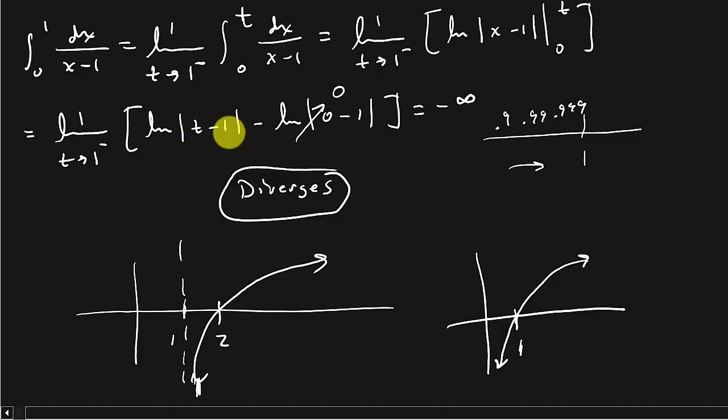That's why we have these absolute values. We're taking the natural log of a positive number, like 0.1, 0.01, 0.00001. So what happens when we're taking the log of numbers that are getting closer and closer to 0? Well, the logarithm is going to negative infinity.